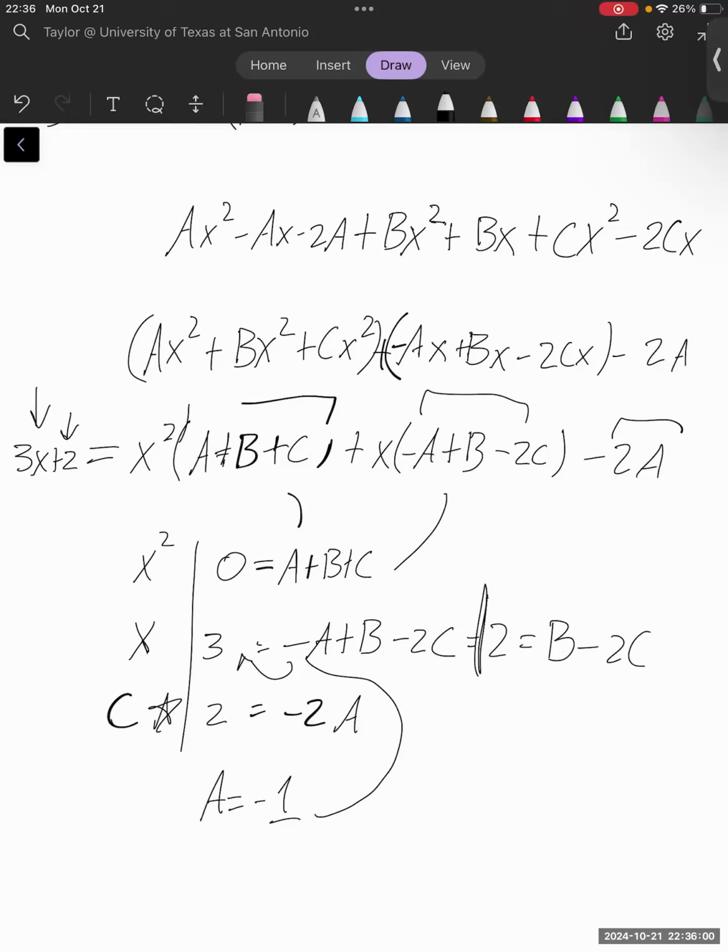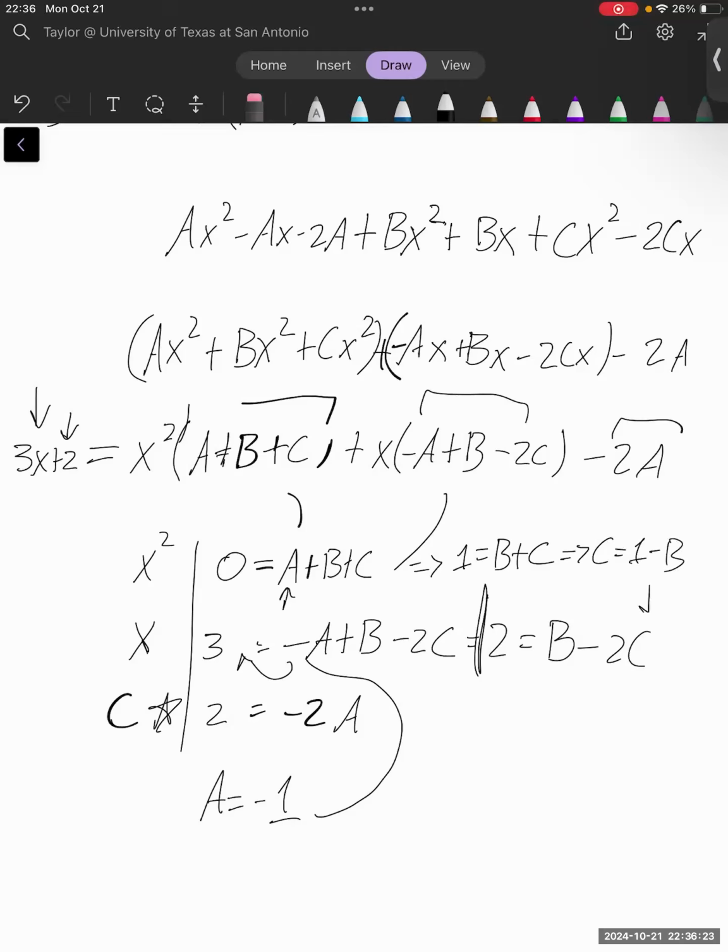So maybe I'm going to plug this into here, and following the algebra, we get 1 equals b plus c. Then I'm going to move either b or c to the other side. Let's do b, so that c equals 1 minus b.